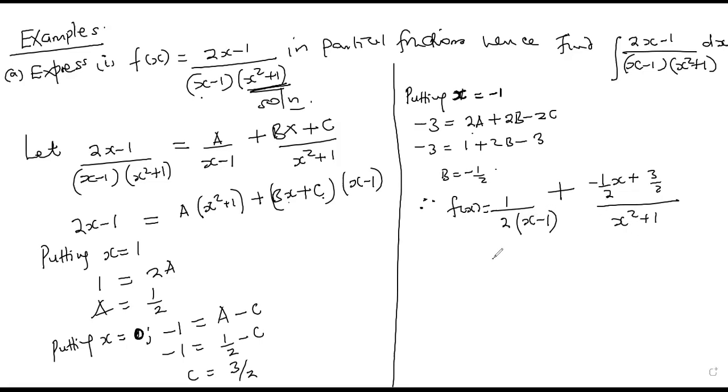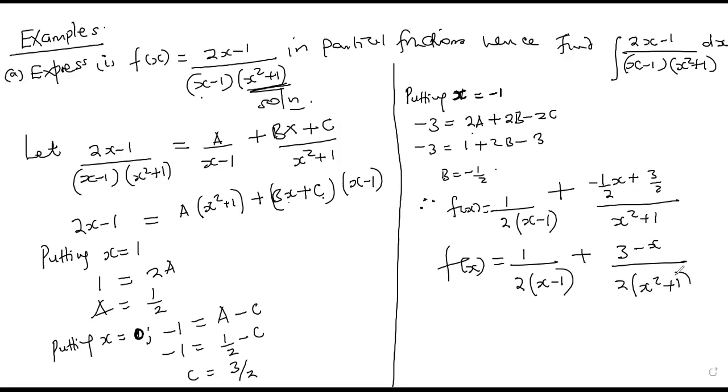So our f of x is going to be 1 over 2 into x minus 1 plus 3 minus x over 2 into x squared plus 1.